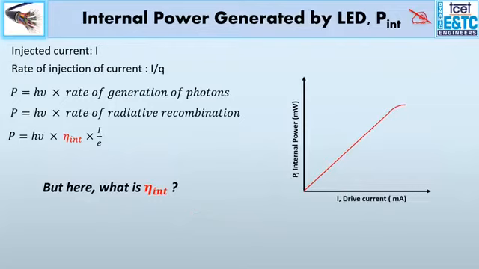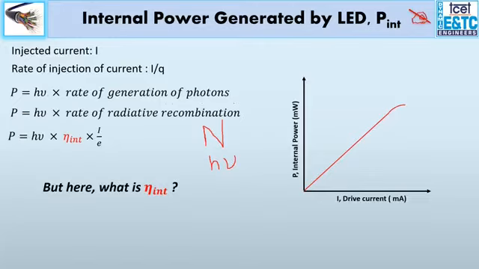Now, the important thing is we need to calculate what will be the current and the optical power relationship. We know that it's a direct relationship, but we need to calculate this relationship of current and the power. So suppose you have N number of photons being released from the device, and each photon has an energy of h nu corresponding to the band gap, then the total energy of the photons will be h nu into the rate of generation of your photons.